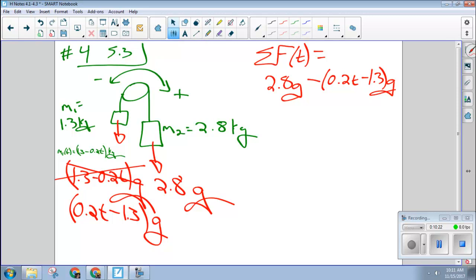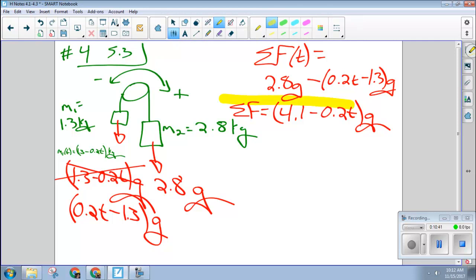If you simplify this mess, it gives you 4.1 minus 0.2t, all times g. So there's our net force as a function of time. I will highlight it so that it stands out. A little bit of algebra there, but are we all cool with that? Let me make sure that jives with the work I've got written down on this piece of paper.